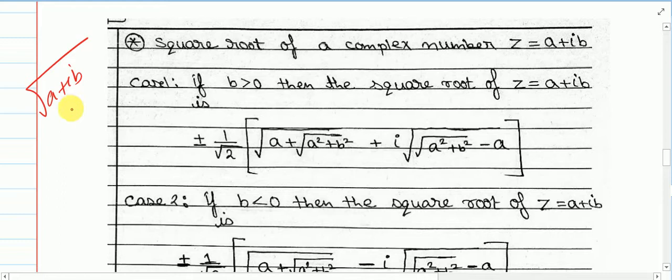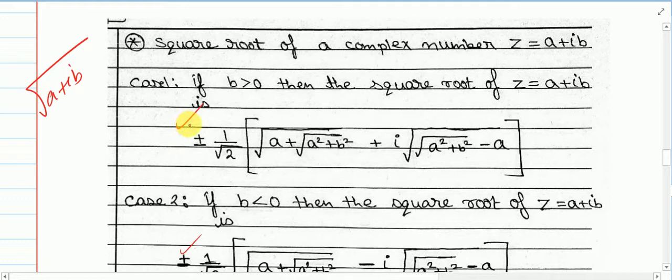So the root for a complex number is given by these two formulas. One is here, one is here. Now the question is, why do we have two formulas?